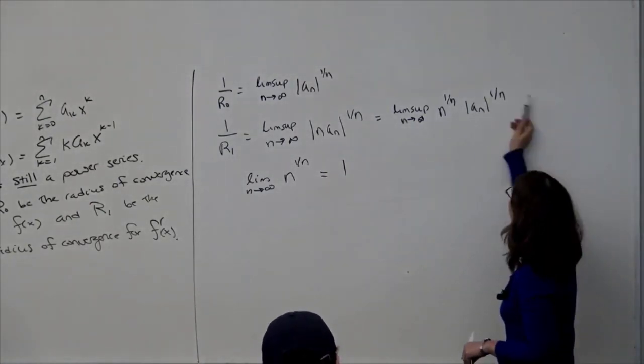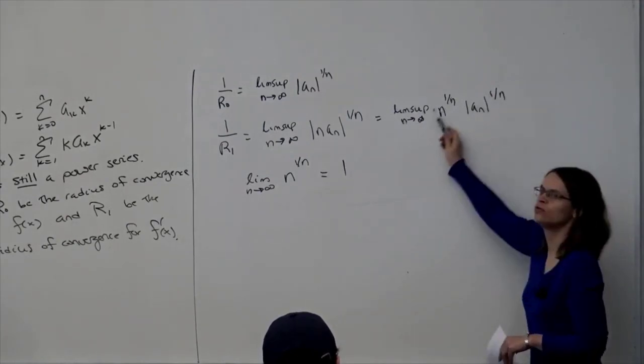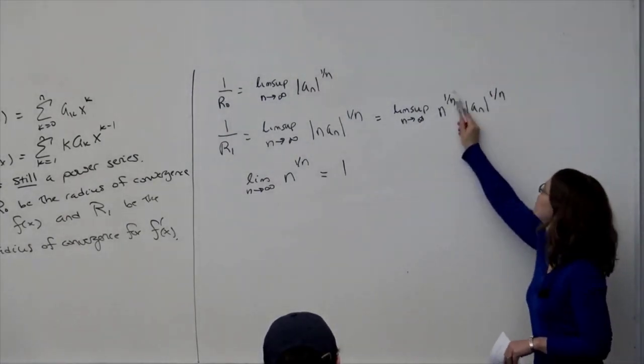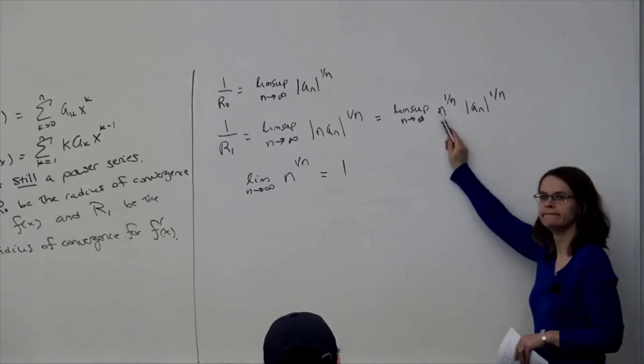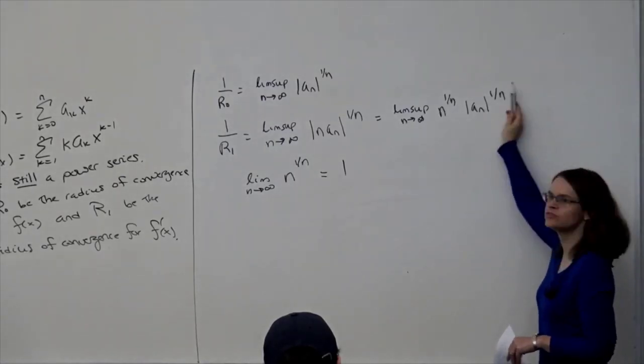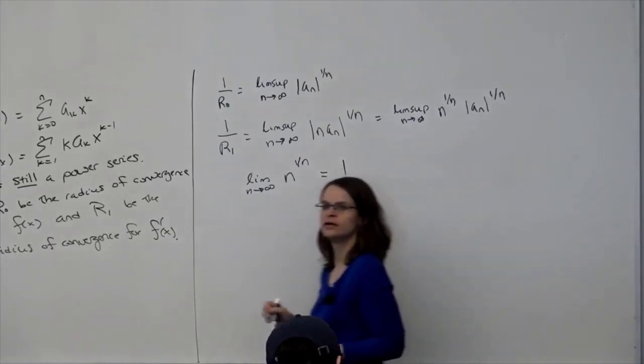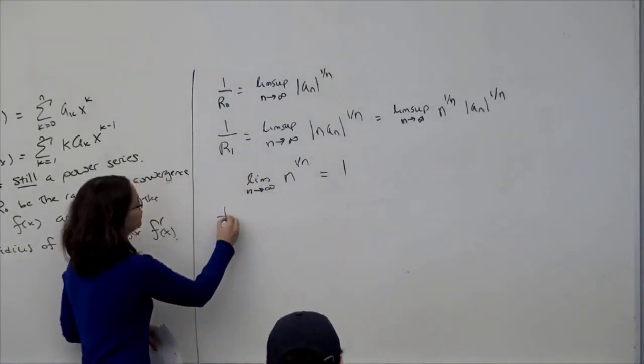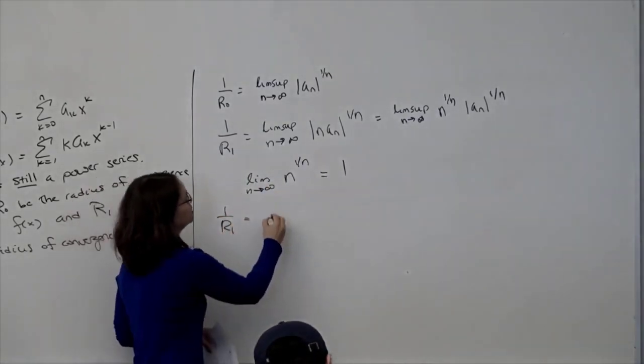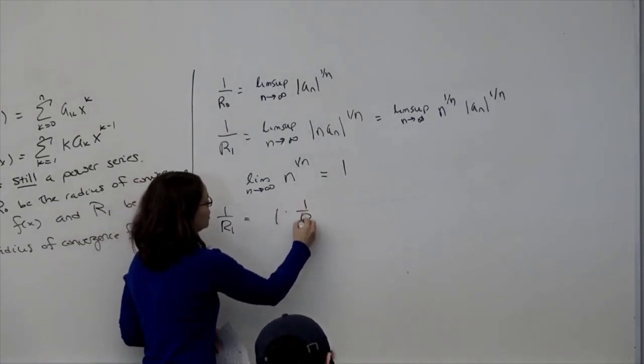So if I want to know what this whole thing is doing as n goes to infinity, well, this quantity is approaching 1. This quantity, at least the lim sup of this quantity, is approaching 1 over R naught. So taken all together, 1 over R1 is going to be 1 times 1 over R naught.